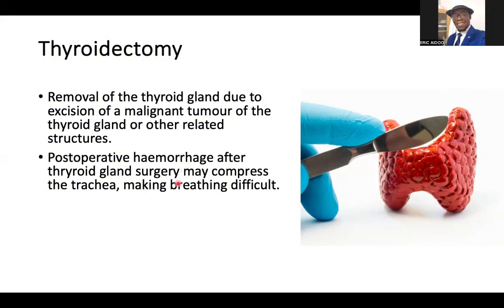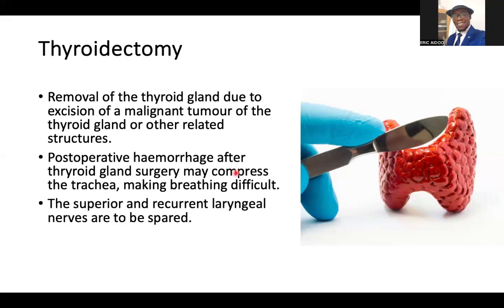And because the neck is also compartmentalized in terms of the investing fascia that groups the structures within the neck into compartments and doesn't allow spread of infections, the hemorrhage can also be restricted to that particular compartment, and the more hemorrhage, the more the compression can occur.